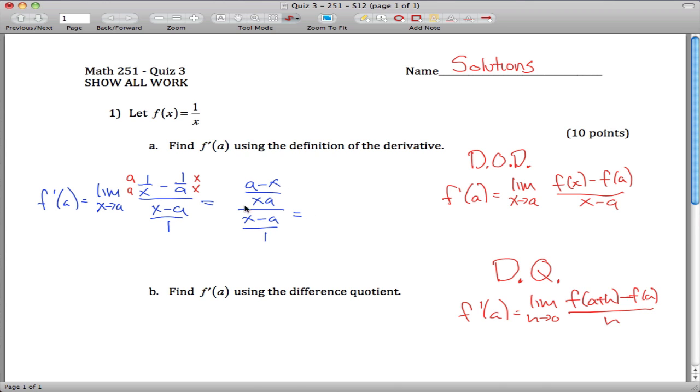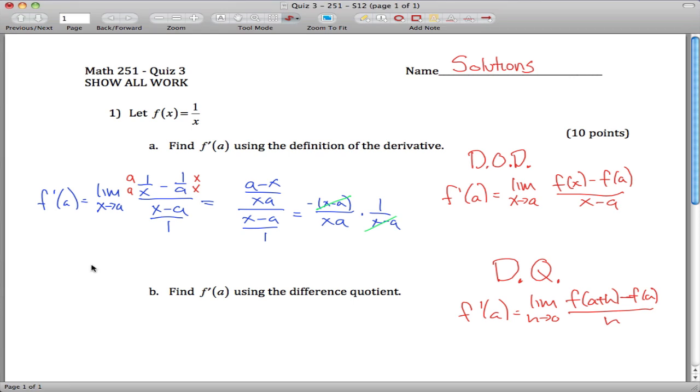And now that we have this all as a fraction divided by a fraction, the way you divide fractions is like multiplying fractions, except you multiply by the reciprocal. And just because I know where I want to end up, I'm going to do one more little trick here. And instead of writing a minus x, I'm going to write negative x minus a.